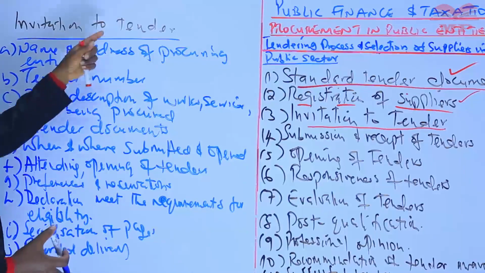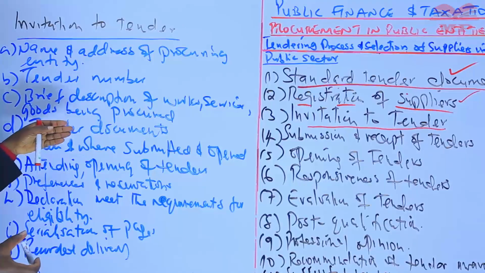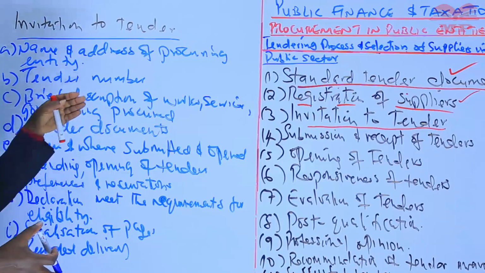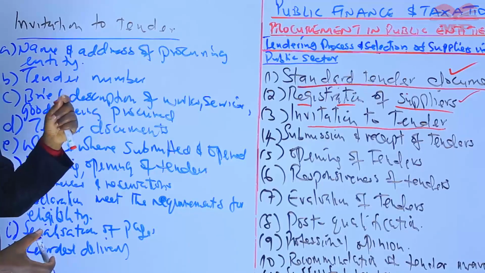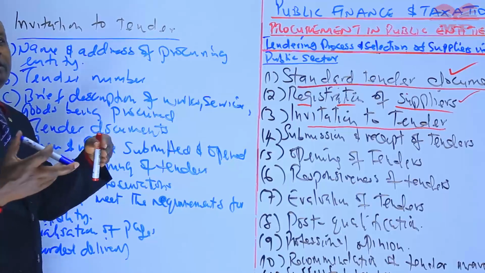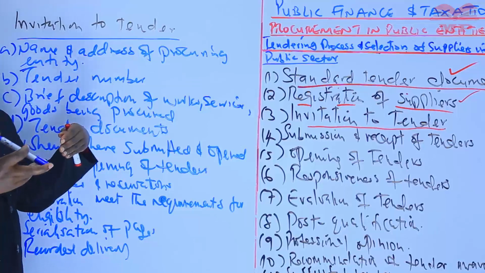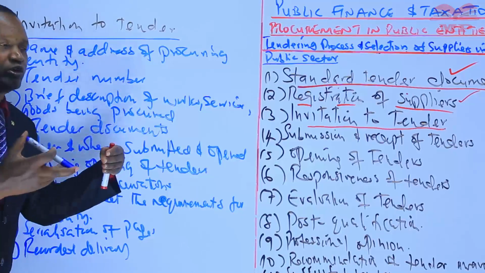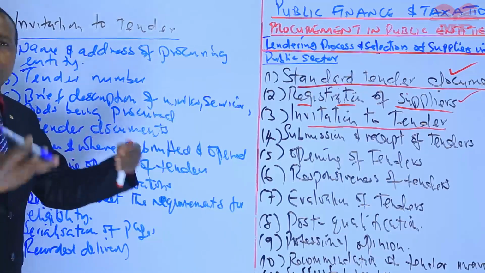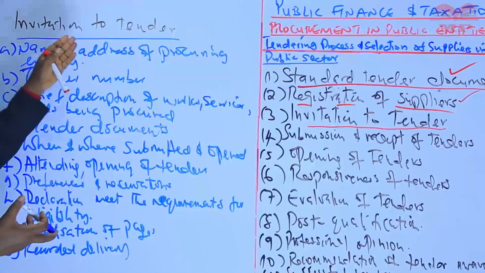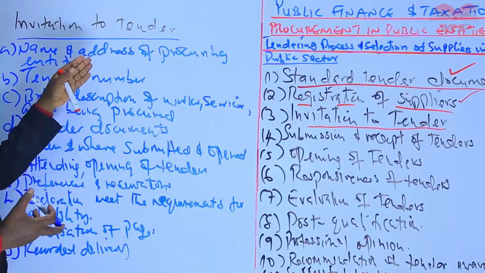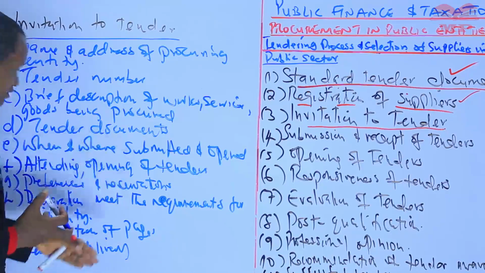So, invitation to tender, these are important points that the accounting officer should take note of and should ensure when in the process of preparing an invitation to tender. These should be put in place.